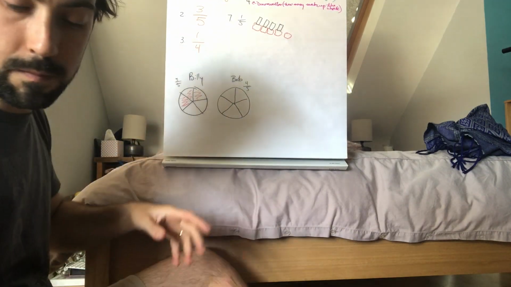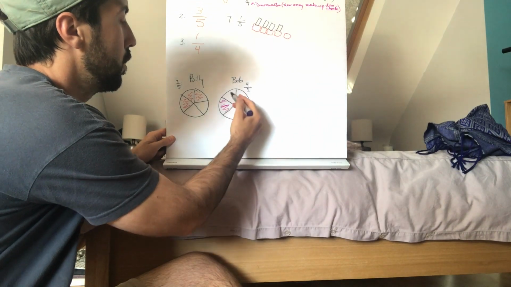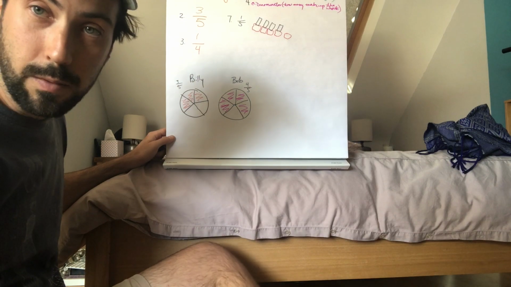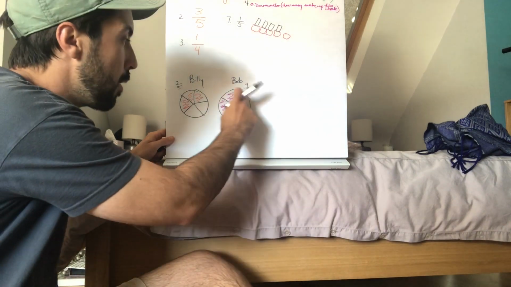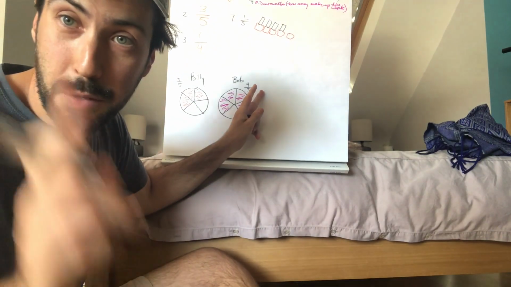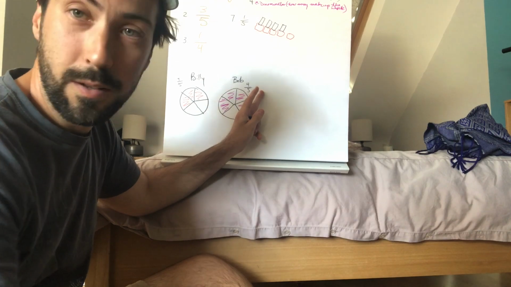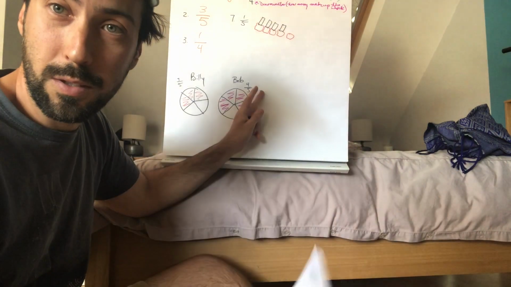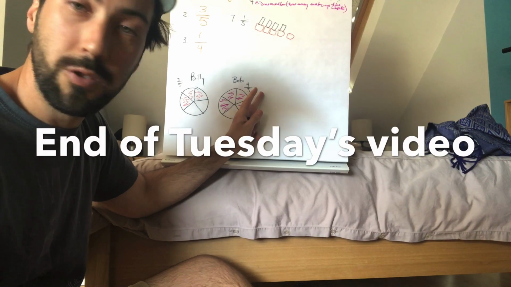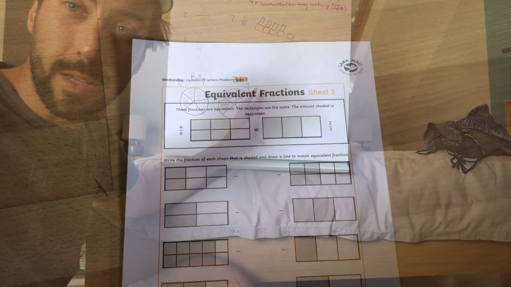He ate, good different color on this one, 1, 2, 3, 4. So obviously, I think we can clearly see Bob ate more of the pizza. However, if you ask me, Billy made the right decision because now he's going to have leftovers. Okay, great. The other 5, I believe you can do on your own. Give them a try and draw a diagram if you need to. Okay, that is Tuesday.